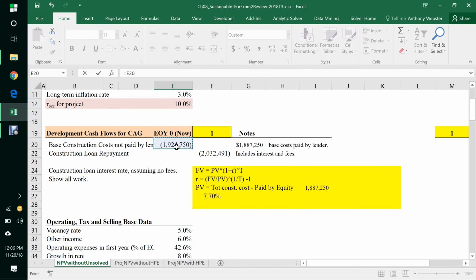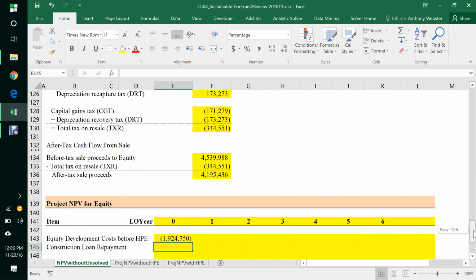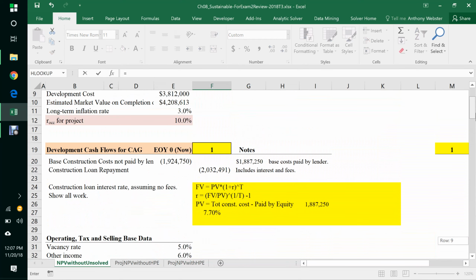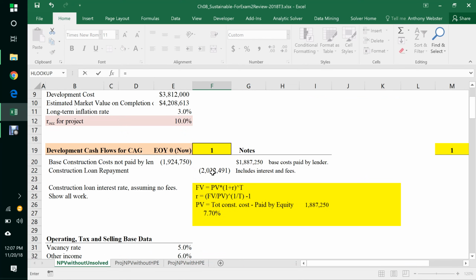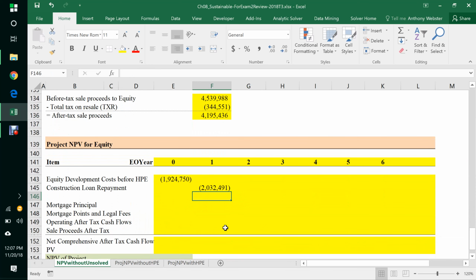Anything that isn't paid by the lender is paid by the sponsor. Okay, so I got that. That's good. And construction loan repayment, I know that happens at the end of year 1, so I better find that up at the end of year 1 here somewhere. And I do. That's looking pretty good. Okay. And then we have the mortgage.